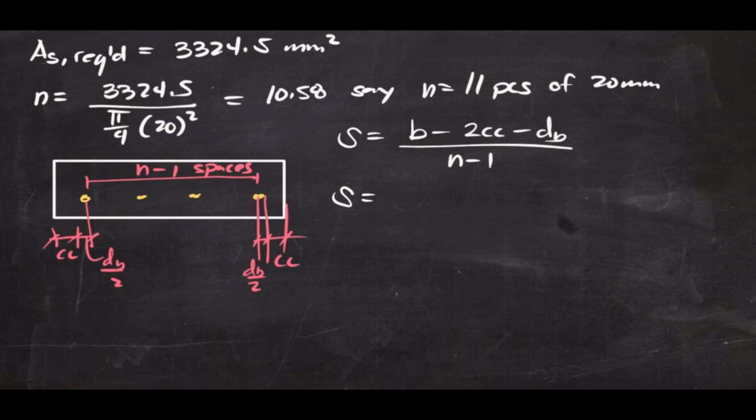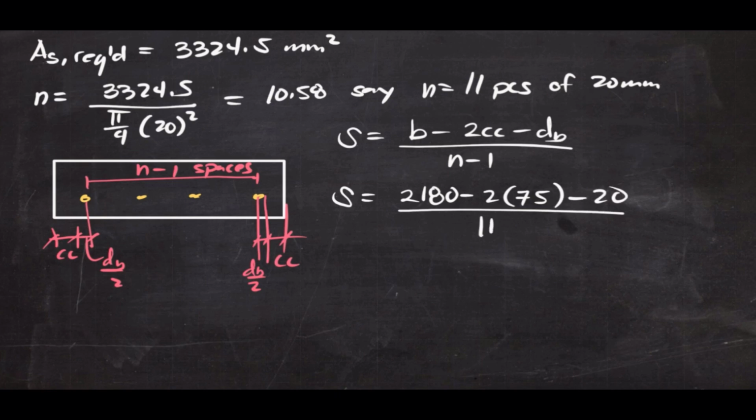So S would be 2180 minus twice of concrete cover. For footings, usually concrete cover is 3 inches or 75 millimeters because it's directly poured or exposed to soil. So minus 20 mm, and we have 11 minus 1. Calculating this spacing, we should be getting a value of 201 millimeters.